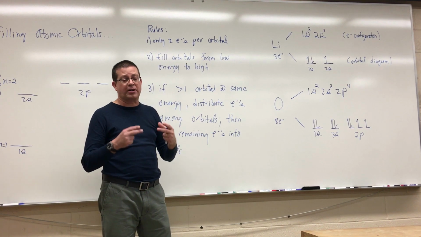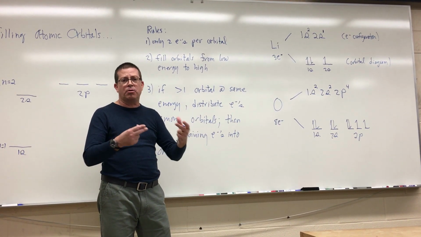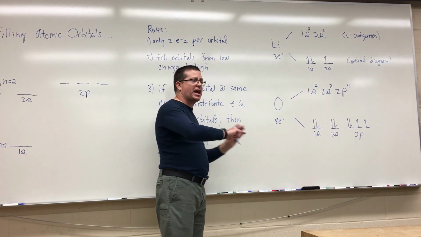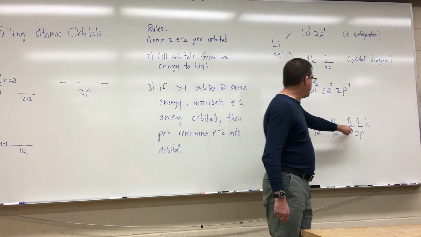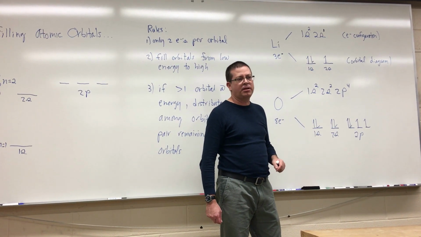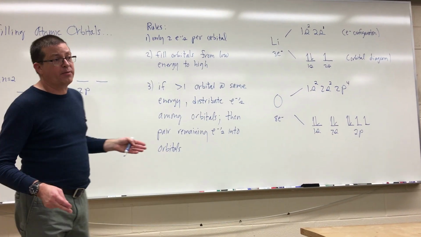Because if I throw 2 electrons into the same space, they're going to repel each other, which drives them both to a little bit higher energy. So I can keep the overall energy of the atom lower by distributing across orbitals first before I then come back and pair up. Okay, so that's the reason why number 3 is the rule that I follow.